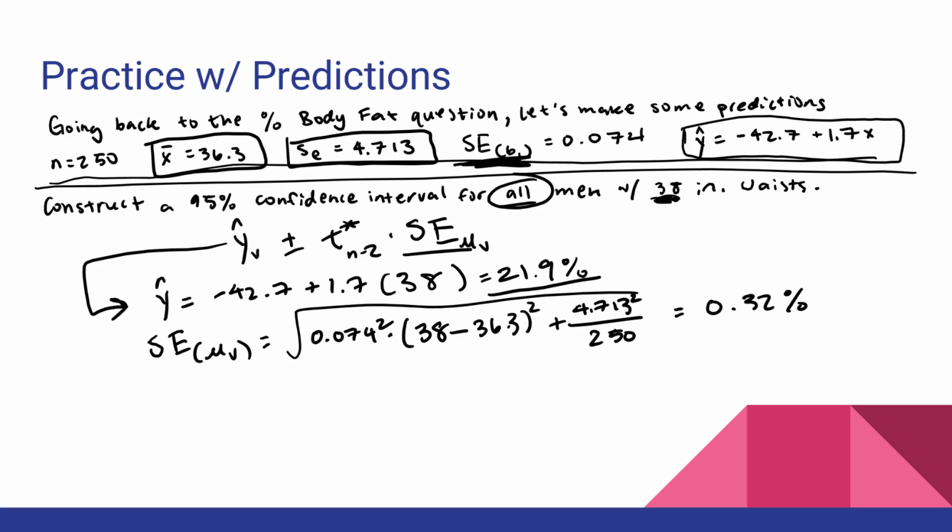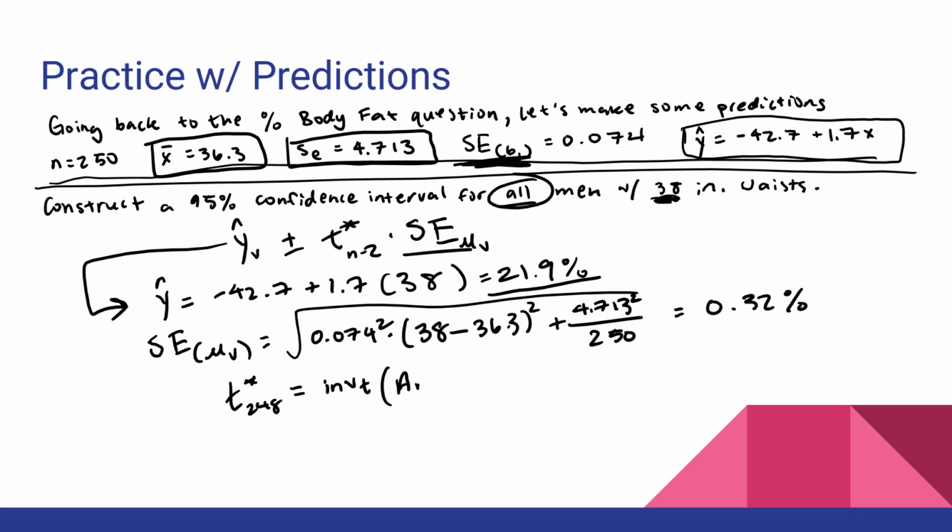The last value we need to find out now is our t-critical value with 248 degrees of freedom, because our degrees of freedom is equal to n minus 2, and our n is 250, so our degrees of freedom would then be 248. Using our calculator functions, that would be our inverse t function, because again, for linear regression, we mainly use our t models.